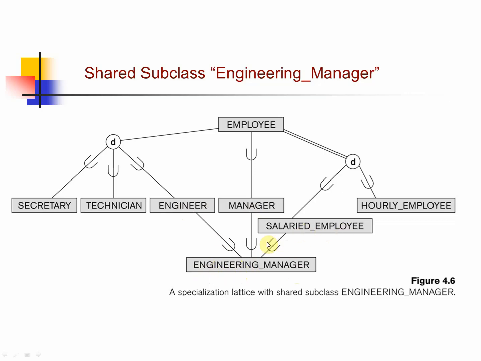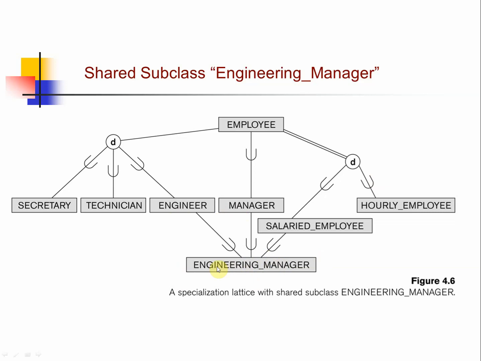And therefore, this is what we call a shared subclass, because we have one shared subclass. As long as you have one, then the whole thing is not a tree structure, so it is not a hierarchy. This is a lattice.